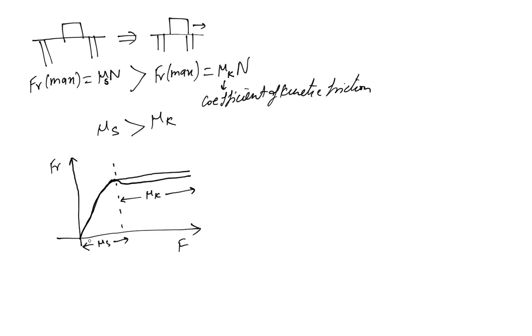The static friction can be anything between here and here for a value of f, but kinetic friction is always constant, so kinetic friction is always mu k n. Why? Because the object is already moving and friction is acting to its fullest to make sure it counteracts the active force, so it's always mu k n. But static friction behaves like this.